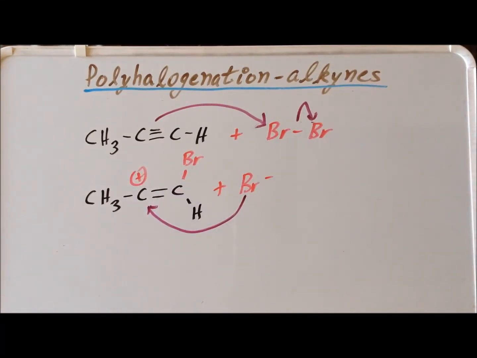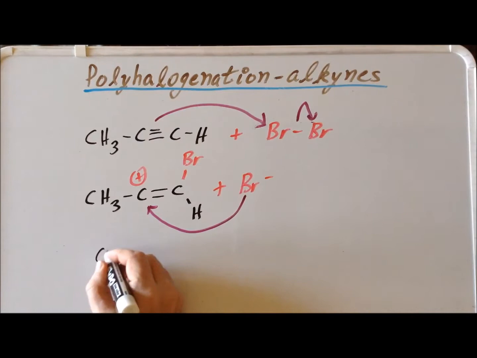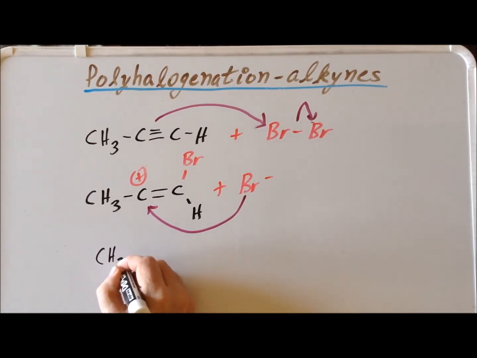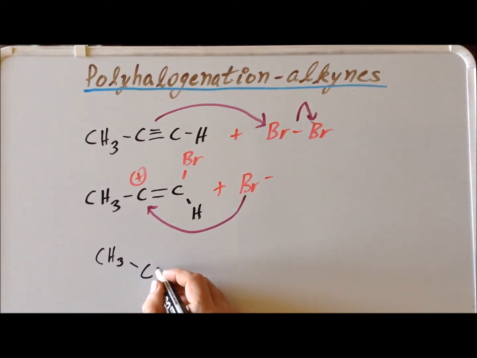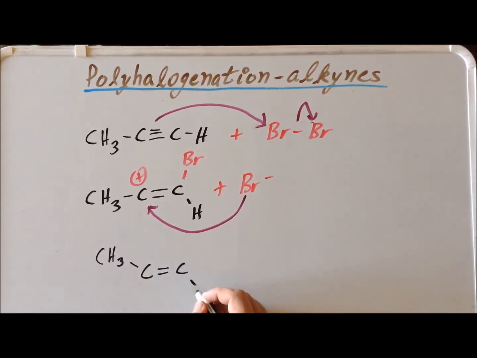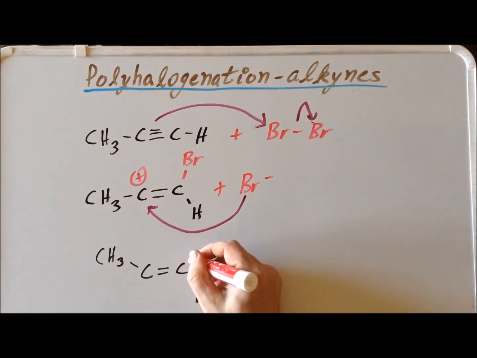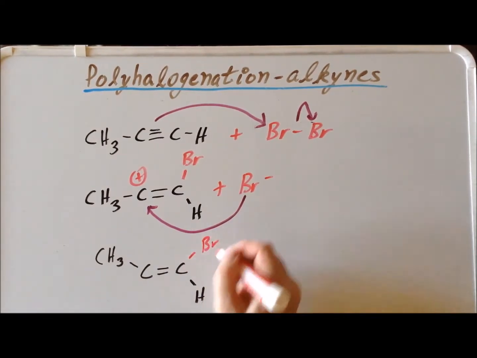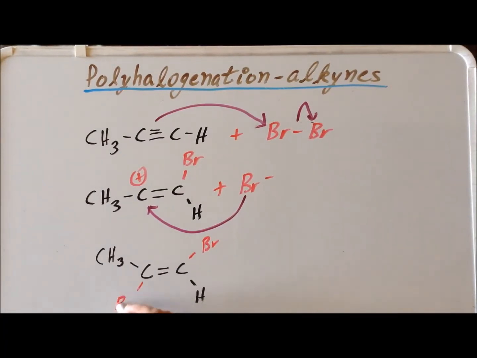So as a result, our product has this structure. So we have the trans 1,2-dibromopropene. And this works exactly the same if we had reacted with chlorine.